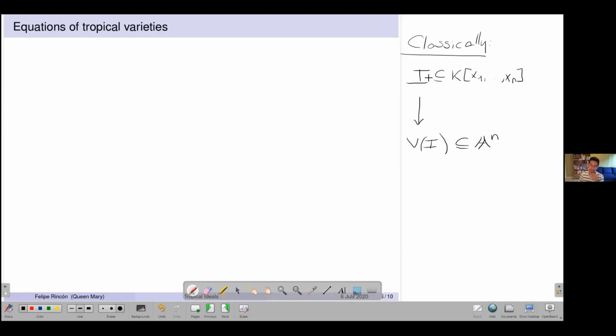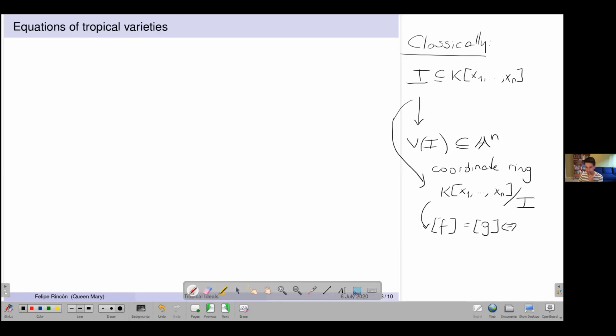But the way you can come up with a scheme from I is you create what is called the coordinate ring determined by I, where you mod out by I. So you take the whole polynomial ring of all polynomials and quotient by I, meaning that the class of the polynomial f is equal to the class of the polynomial g if and only if their difference is in the ideal.